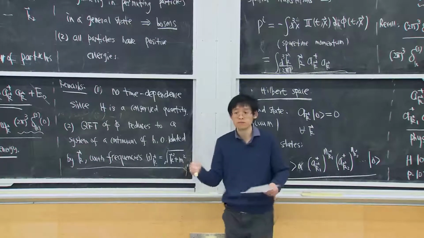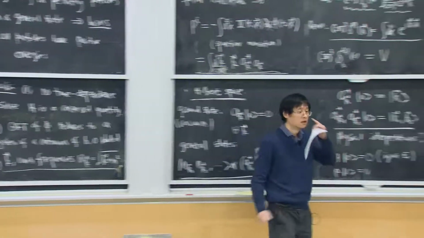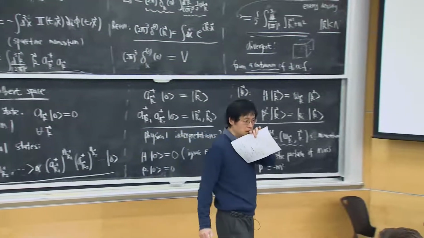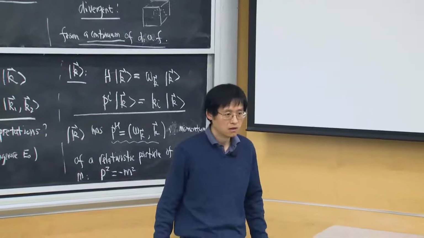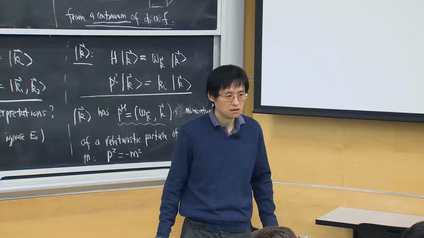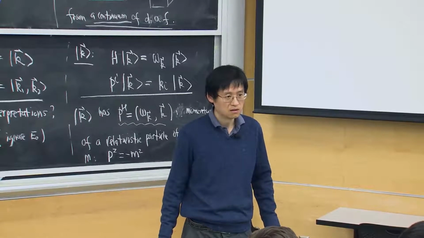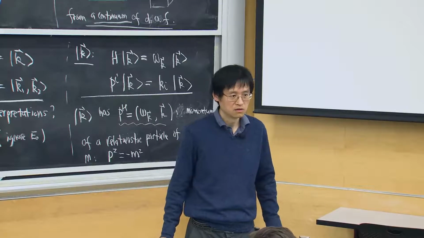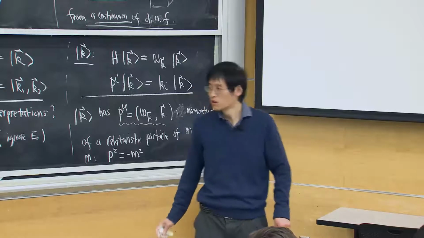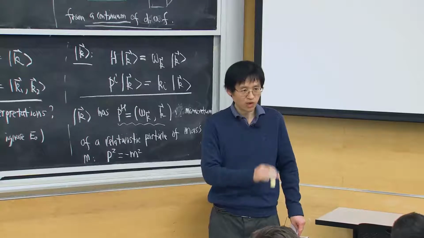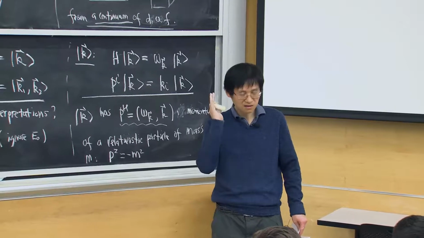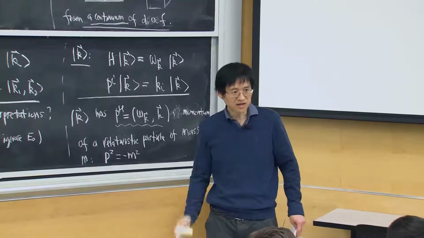Questions on this? Yes? So with a_k1, let's say you have a particle with momentum k1 now. Is there a way to change this particle's momentum, or if you apply it again, it's like you have another particle with momentum k1? No, there's no way to change the momentum of a particle. Once you created that particle, it just goes straight.